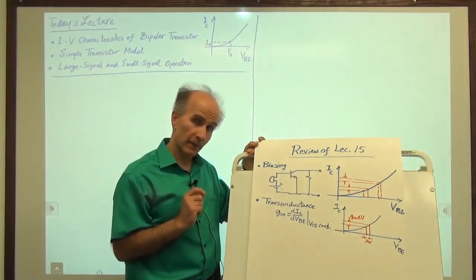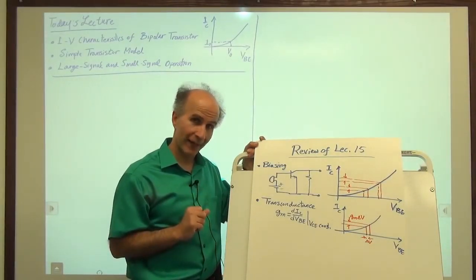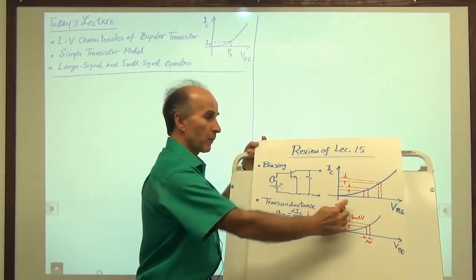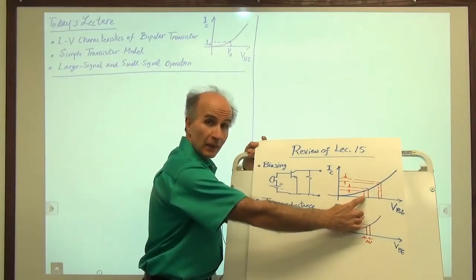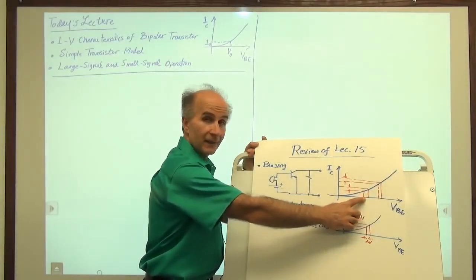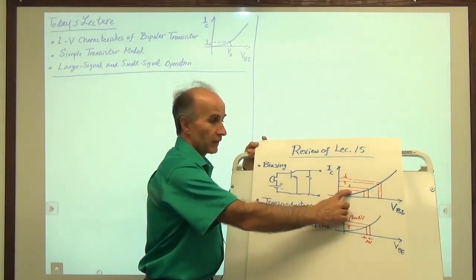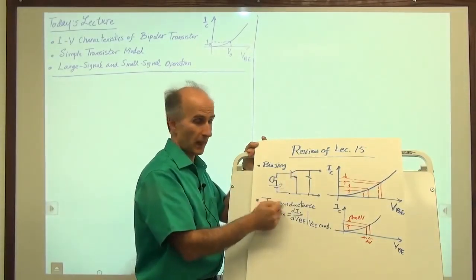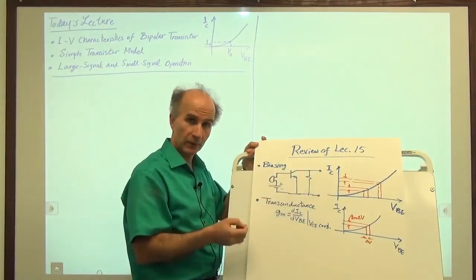Now, one other concept that we came up with was transconductance. We saw that if we bias the transistor here, then for a certain microphone signal, let's say 10 millivolts, we get a certain amount of current change in the collector, and as a result, some voltage at the output.